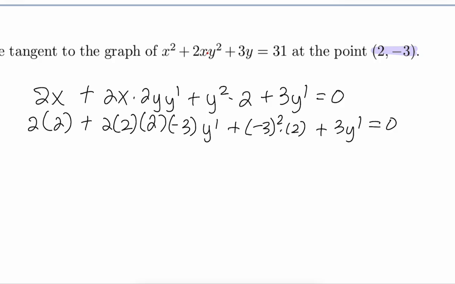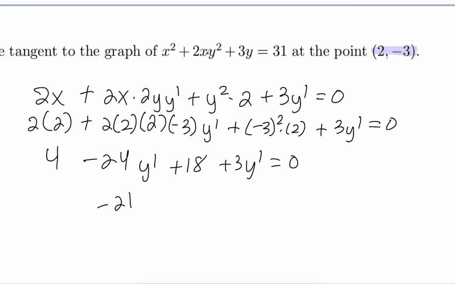Okay, so let's just make these numbers so that we don't have to deal with anything but a y prime. It's our only variable. So we get 4, negative 24 y prime, 9 times 2 is 18, plus 3y prime equals 0. Okay, so it's just an equation, which is great. 4 plus 18 is 22.